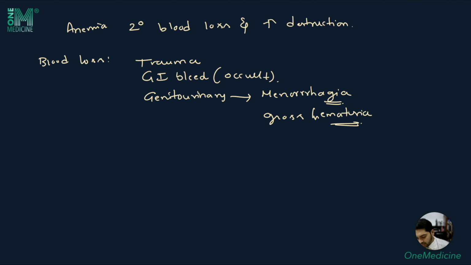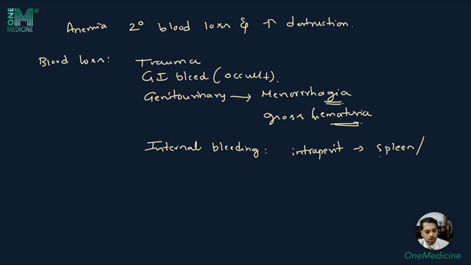Although this is a very rare cause, there can be internal bleeding such as an intraperitoneal bleed as seen in spleen or liver or other organ rupture.